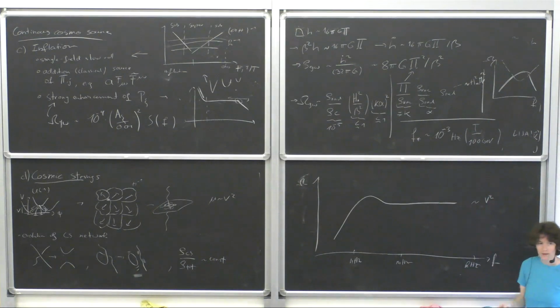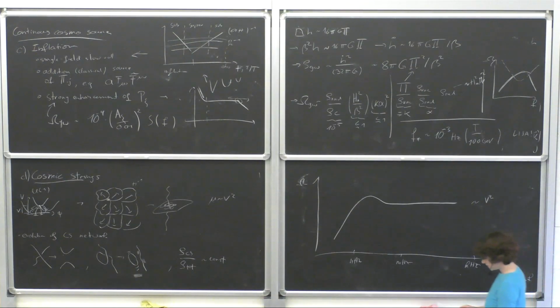Meaning the earlier the phase transition, the higher the energy of the phase transition, the easier it is to see, because the string will have a higher energy density, and hence give us a signal which is easier to see. So this is a way you can probe phase transitions, say GUT scale phase transitions, from the top, as opposed to colliders, which will always probe this from the bottom.